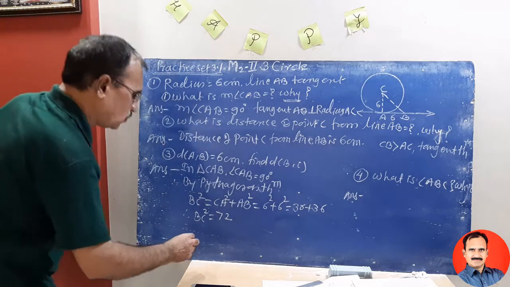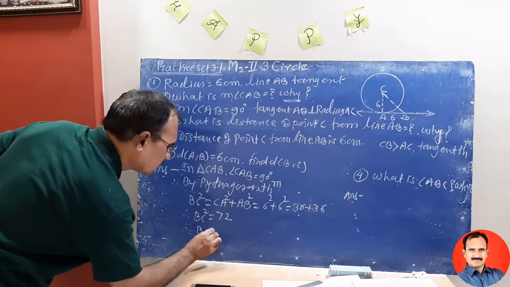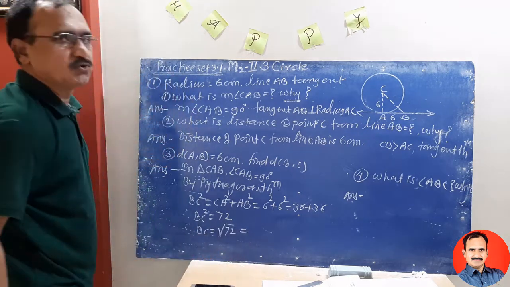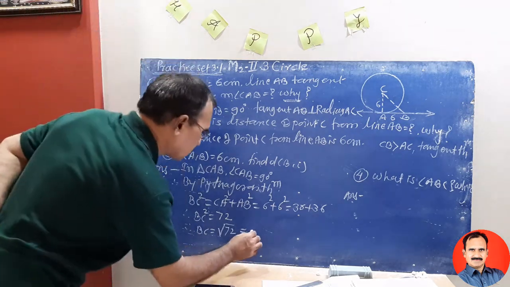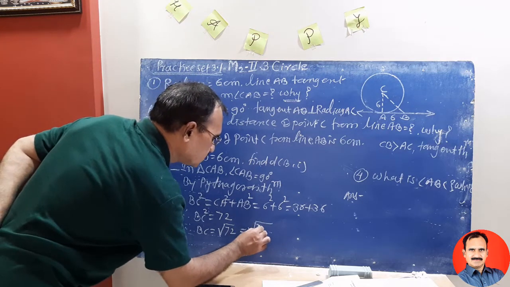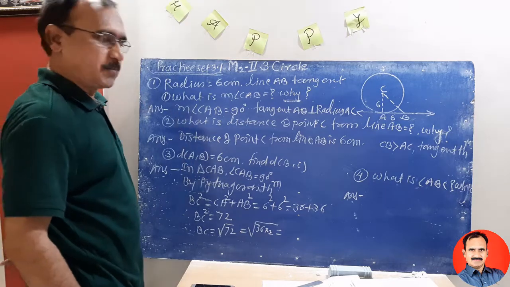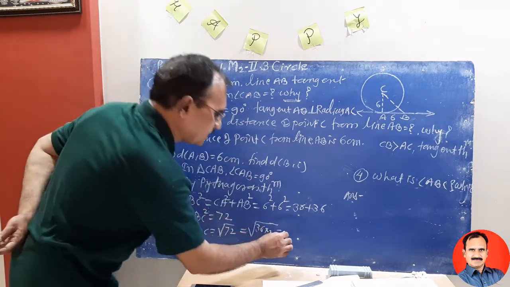By taking square root of both sides, under root 72. We know 72 is not a perfect square. This is 36 into 2, and 36 is a perfect square. Square root of 36 is 6.